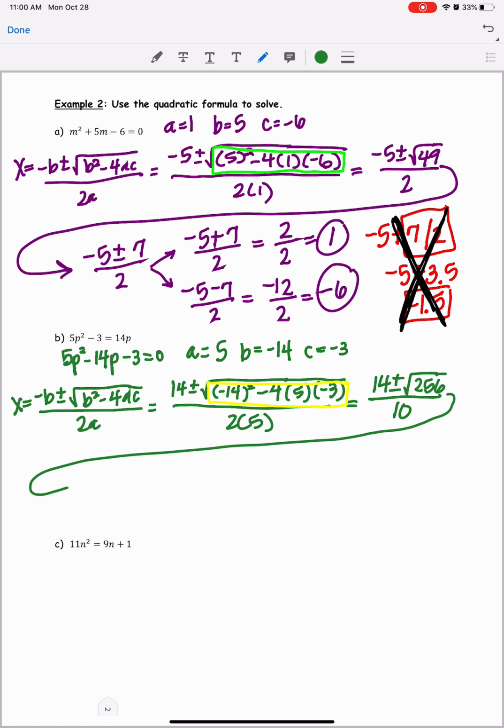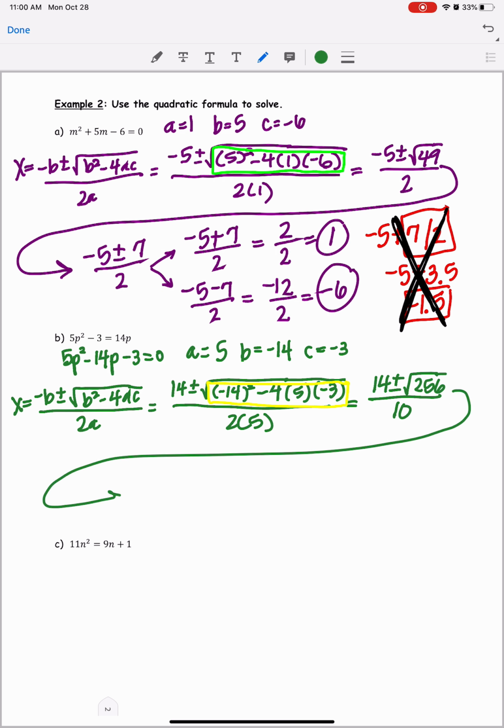Okay, I'm out of room again, so I'm coming down here. 256 is a perfect square, so we will get 14 plus or minus 16 all over 10. And I will split this up into our two different answers.